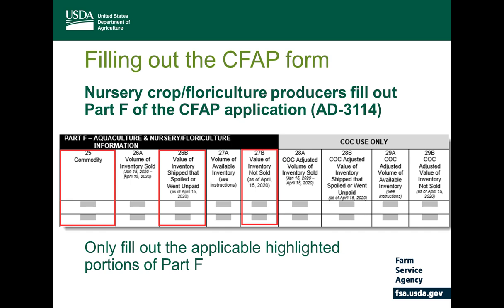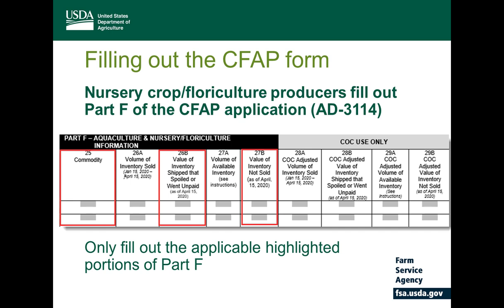So, the filling out of the CFAP form. This is for the nursery crop and floriculture producers. The line item on this form that applies for these producers is item number 25, where you indicate whether it's nursery or floriculture, and it's just a single line item. So if you have multiple nursery crops, it's just one line item for nursery. If you have many different kinds of cut flowers, it's one entry for floriculture.